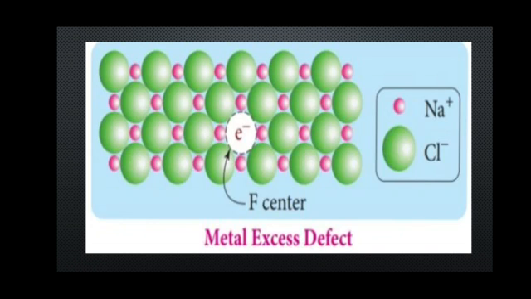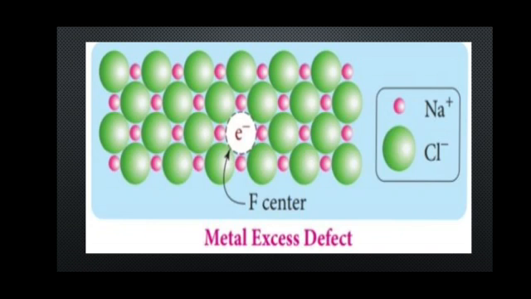In the sodium chloride crystal lattice structure, the Cl minus ions tend to migrate towards the positive Na plus ion formed from the sodium vapor. When Cl minus moves towards the Na plus, we create a space in the crystal lattice. That space is occupied by the electron lost from the sodium vapor.